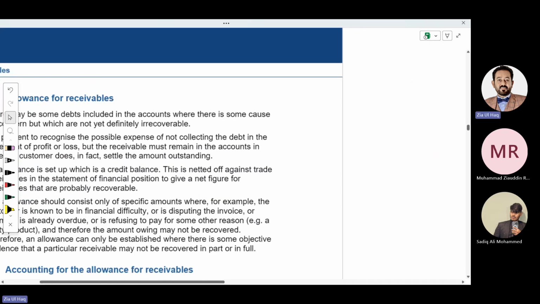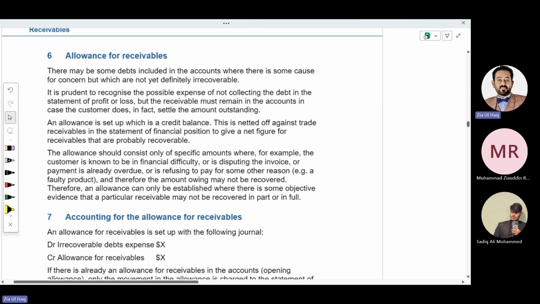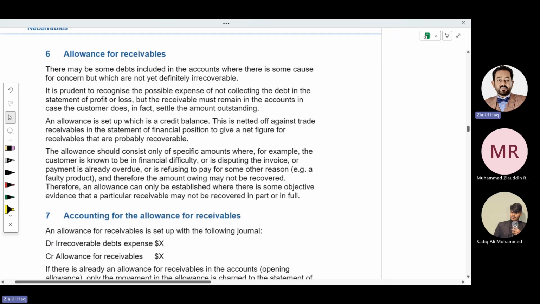Let's move towards allowances for receivable. What does allowances for receivable mean? Estimated, not confirmed. There may be some debt included in the accounts, meaning receivable included in the accounts, where there is some cause for concern, but which are not yet definitely irrecoverable, meaning haven't been confirmed. It is prudent to recognize the possible expense of not collecting the debt in the statement of profit or loss.